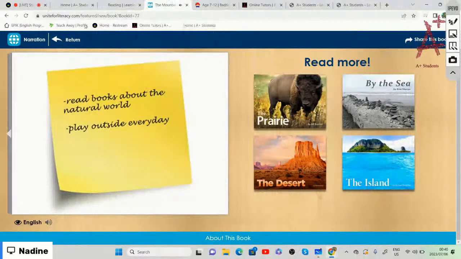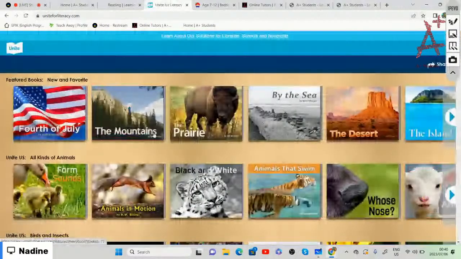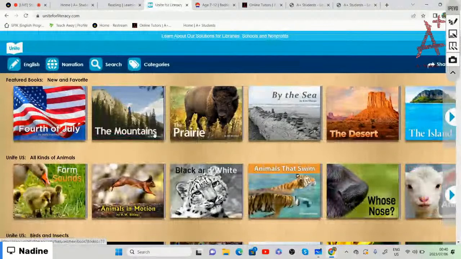All right, so that is basically a book about the mountain, right? And it basically just explains or shows what they see when they go to the mountain. It is not even activities, but it is things that they see, the beautiful things mainly that they see when they go to the mountains.